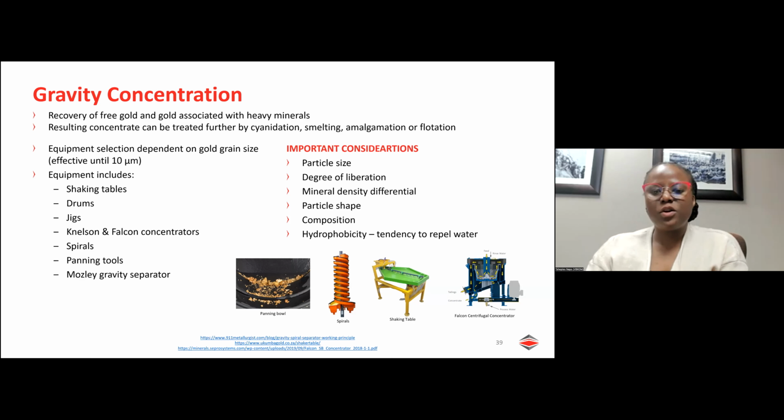You need to also consider your density differences of minerals within the stream and their hydrophobicity. So typical equipment that is used includes your shaking tables, drums, spirals, panning bowls, as well as Falcon and Nelson concentrators.